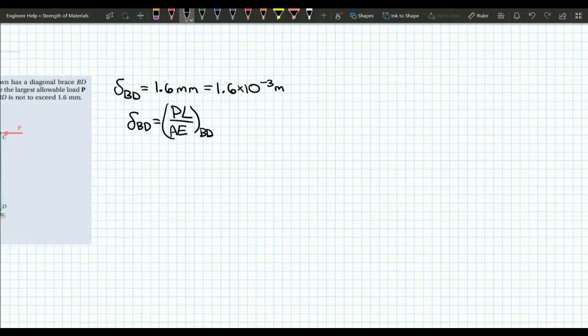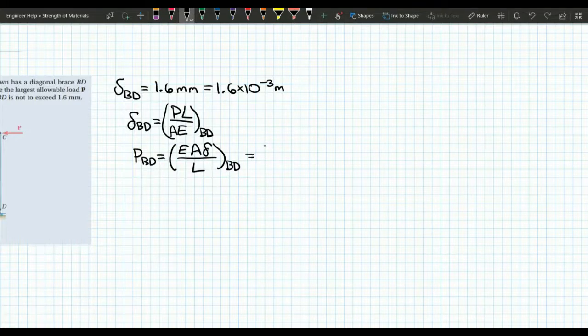If you want to know what the force is, we can just rearrange this equation for the force. So the force BD is equal to the modulus of elasticity of BD times the area of BD times the deflection of BD divided by the length of BD. All right, so this is just plug and chug.